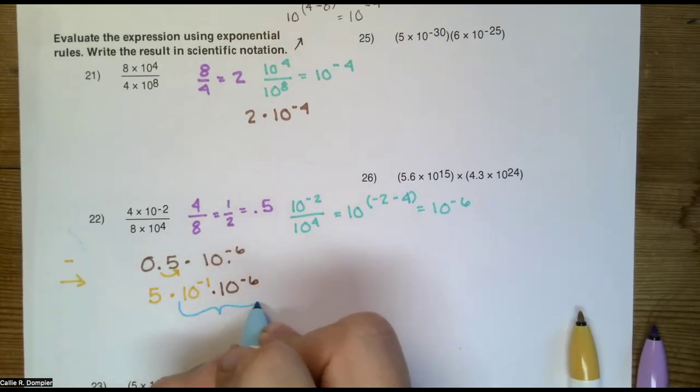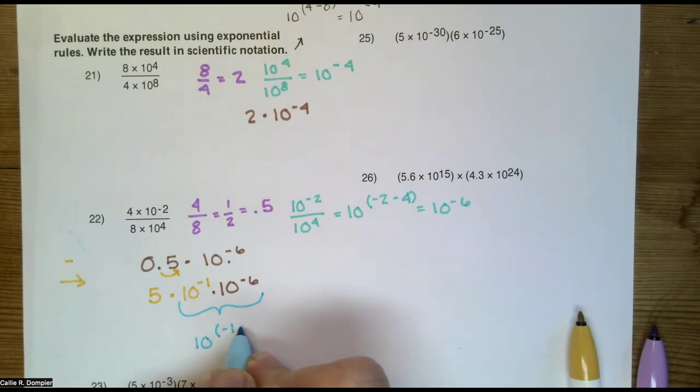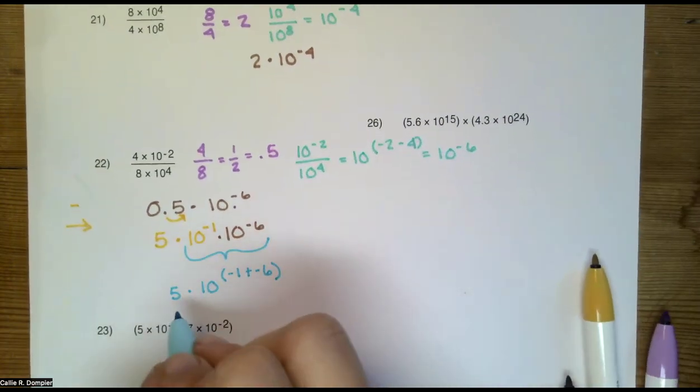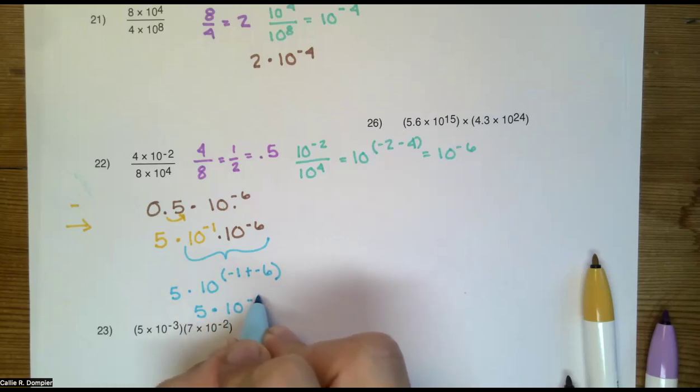How do we combine this? We are multiplying bases, the same base with exponents, so we add them, right? 10 to the power of negative 1 plus negative 6. 5 times 10 to the negative 7.